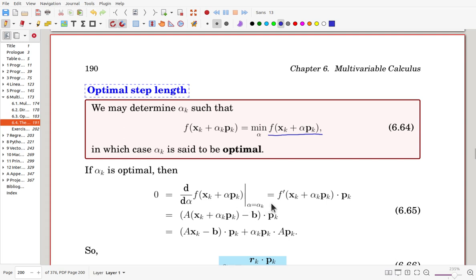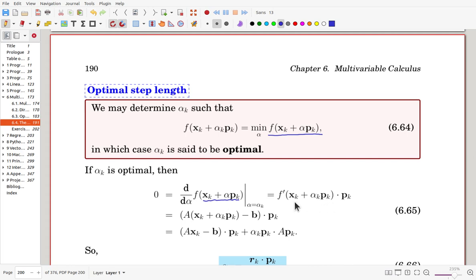By using the chain rule, first we take the gradient with respect to that one, and then for this term we take the alpha derivative, which gives p_k, so we reach that one, and after that alpha is replaced by alpha_k.